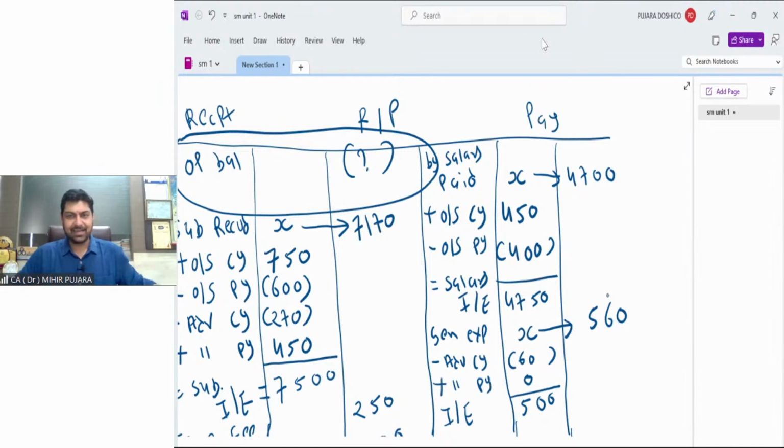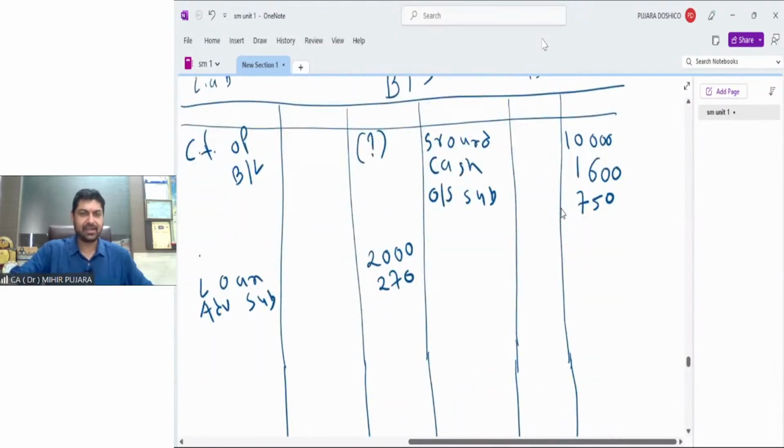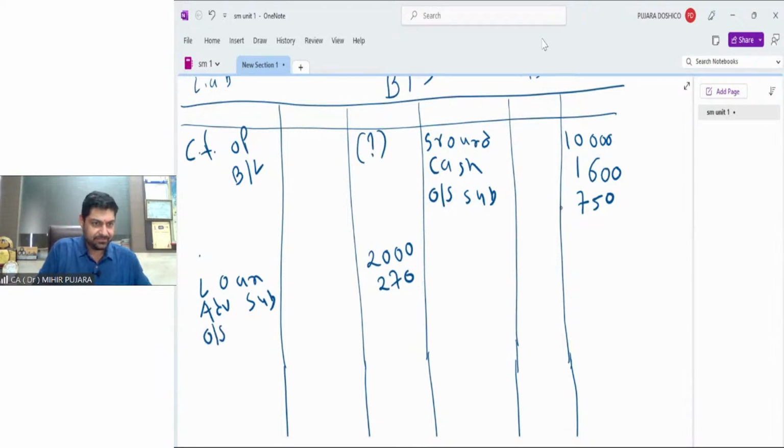Now friends, if the story is clear till here, don't forget to write the routine point 450 in balance sheet because it is outstanding of current year, right? Okay. Outstanding salary, and this is prepaid.